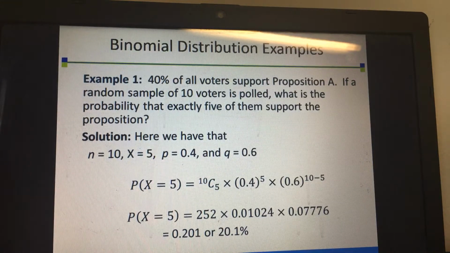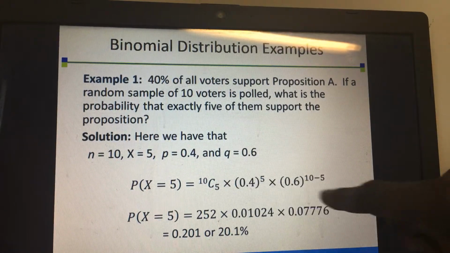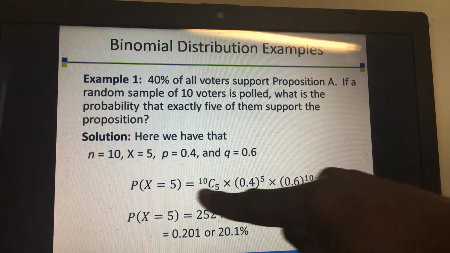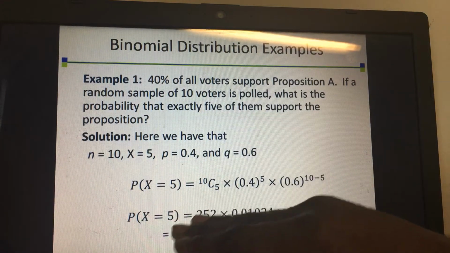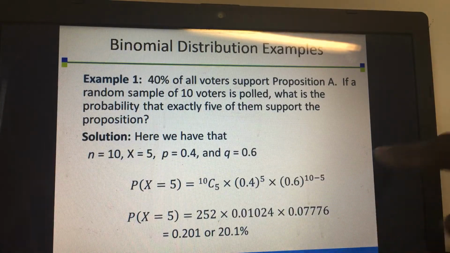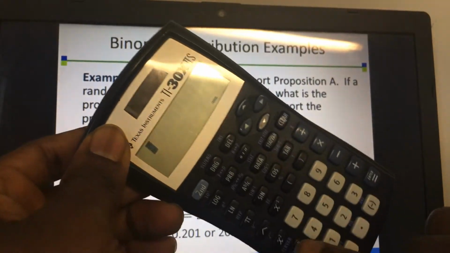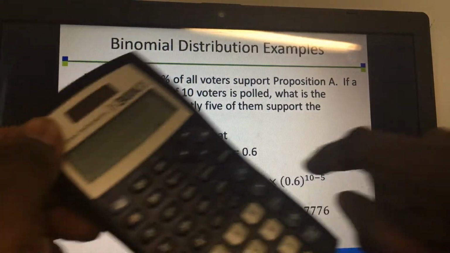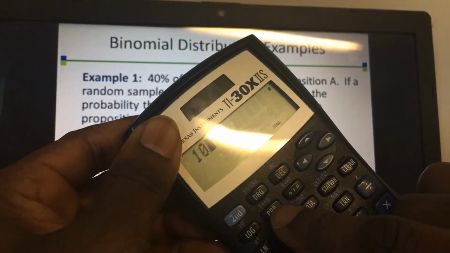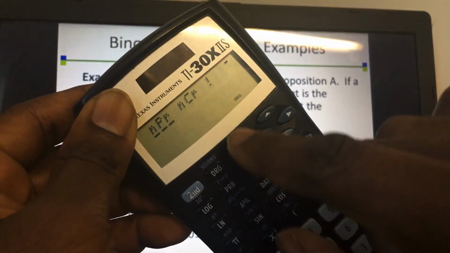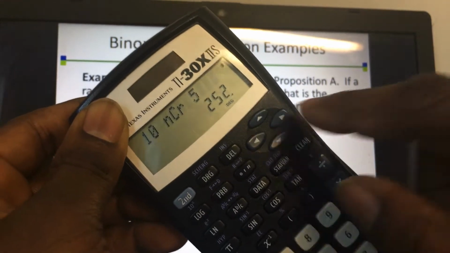Now, I want to show you something very important. Instead of going through all these steps, you can get your answer from here. Once you have this part, your professor will know that you have shown your work. Get it from the calculator right away. Watch me. 10 combination 5: go to PRB, go to the combination symbol, 5, equal, gives 252.